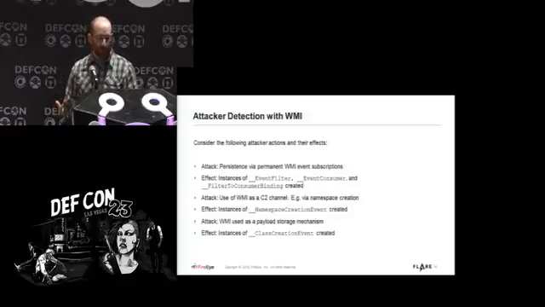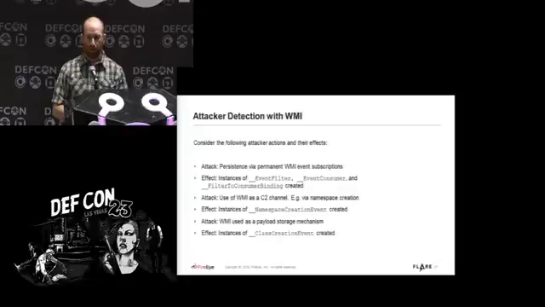So an attacker persists via a WMI permanent event subscription. What ends up happening from a WMI perspective is that instances of event filters, event consumers, and filter to consumer bindings are created. A respective event that would be triggered upon creation of those class instances would be an instance creation event.